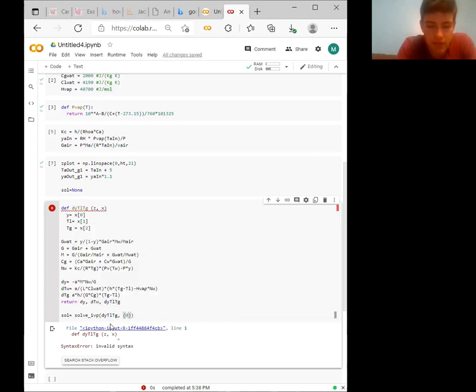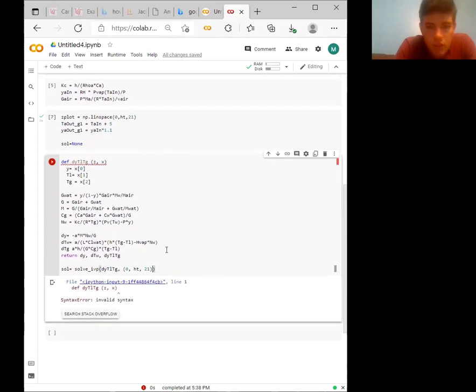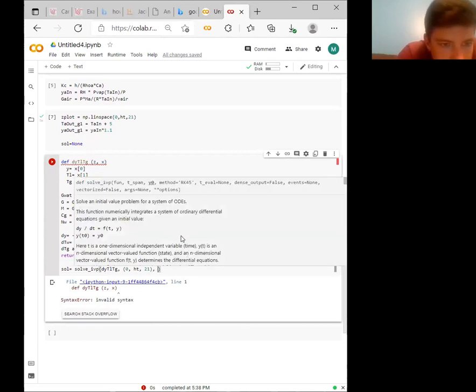We already did our range, which is 0 to height 21. Past that we need a method, a time span, evaluation, dense output.